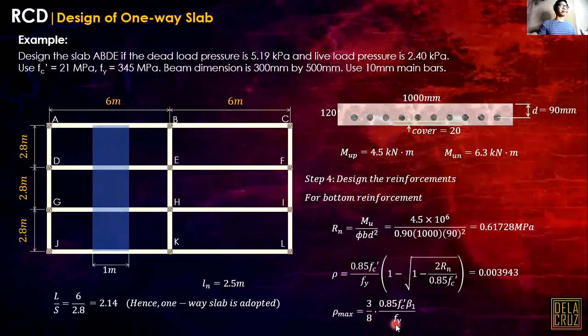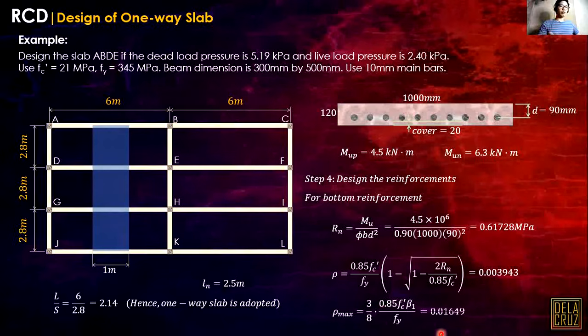But in that case, hindi kasi natin magagamit yung 0.9 na reduction factor. Kaya ito yung gagamitin ko na rho maximum dito. Okay? Actually, it's up to the designer lang. But if I am to design the beam or the slab for flexure, of course, gagamitin ko talaga to. Okay? And ito rin yung ginagamit ng ASEP.